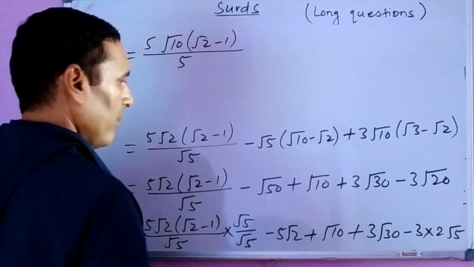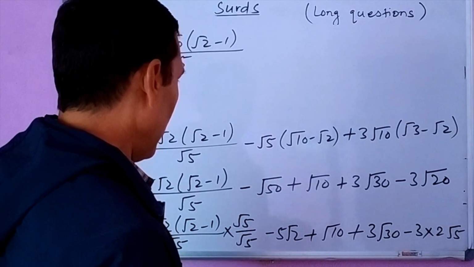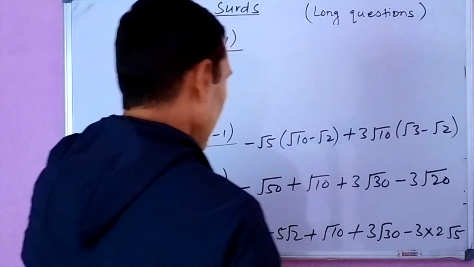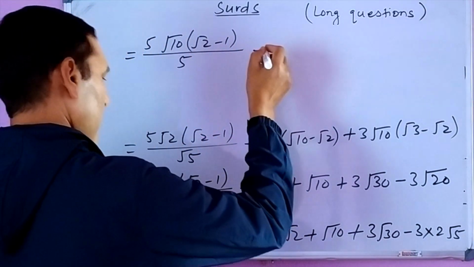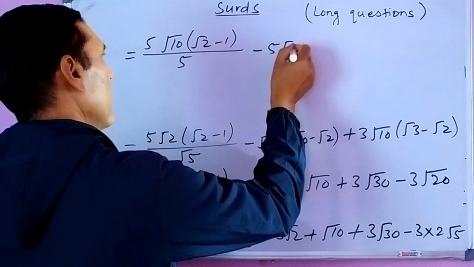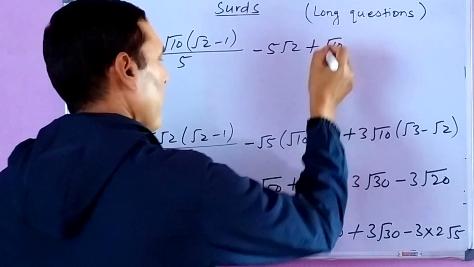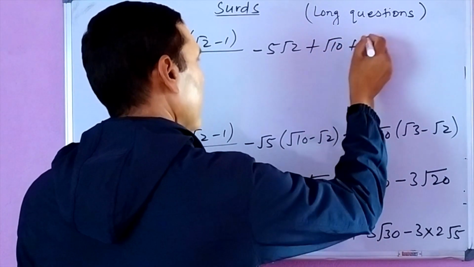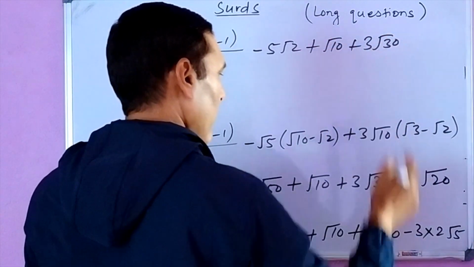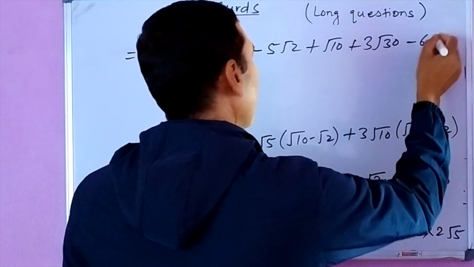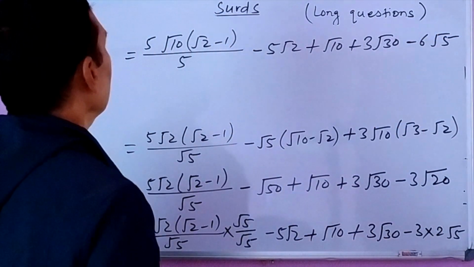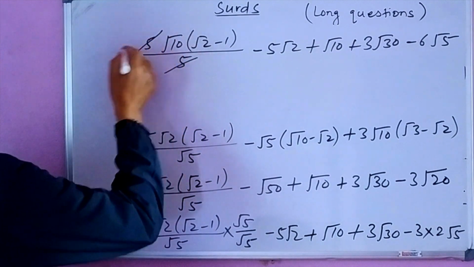Over here, 5√2 minus 5√2 plus √10 plus 3√30 minus 6√5. And this 5 cancels.